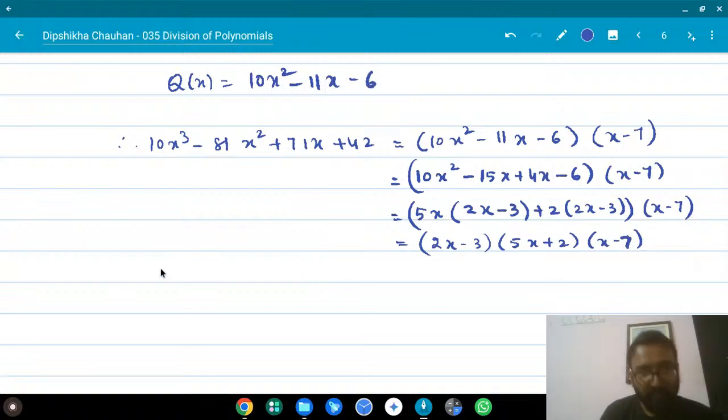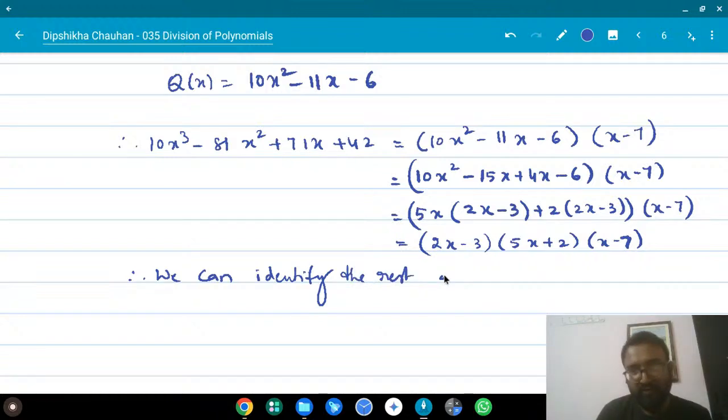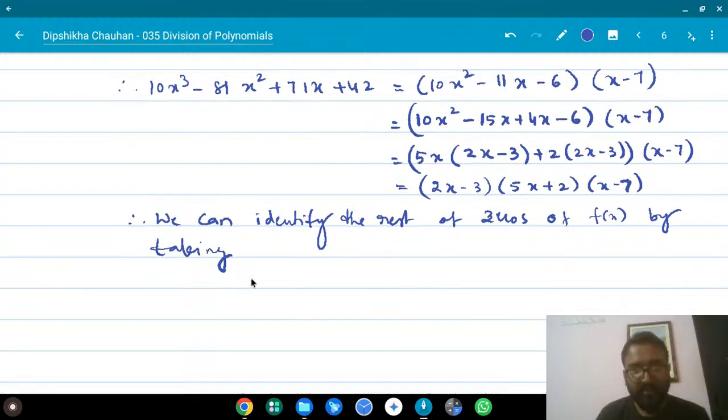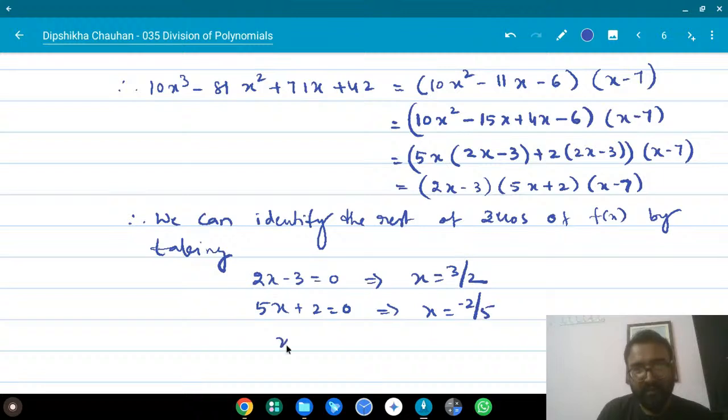So now we can identify the rest of the zeros of f of x by setting these factors to 0. 2x minus 3 equals 0 implies x equals 3 by 2. 5x plus 2 equals 0 implies x equals minus 2 by 5. x minus 7 equals 0 implies x equals 7.